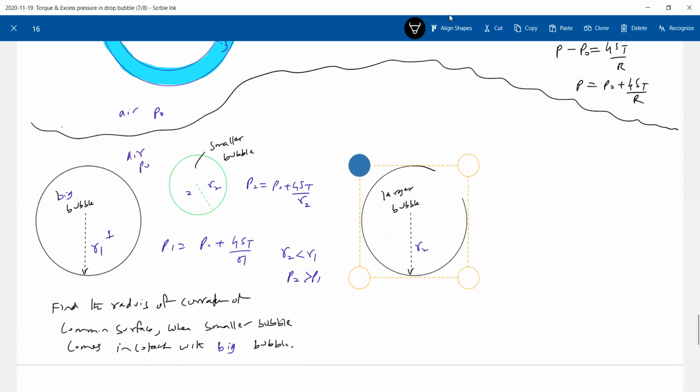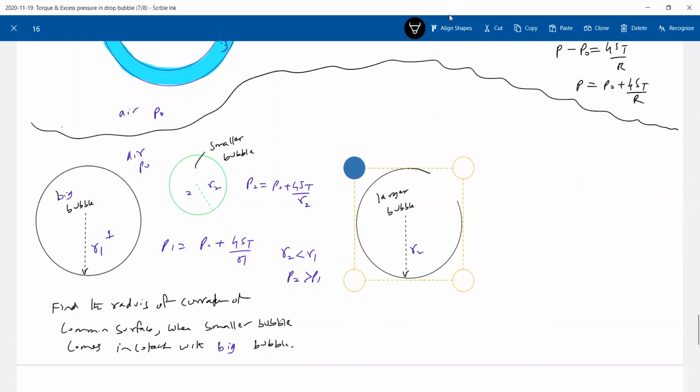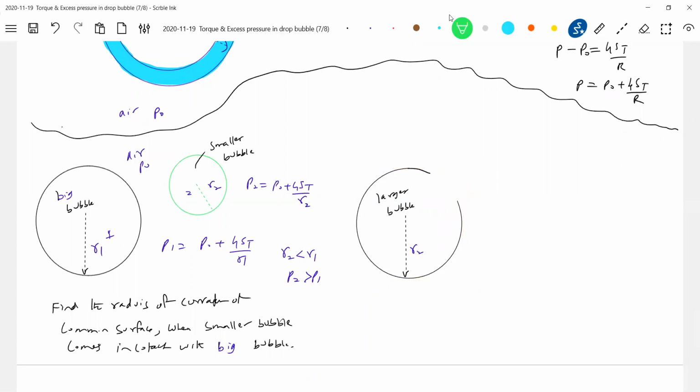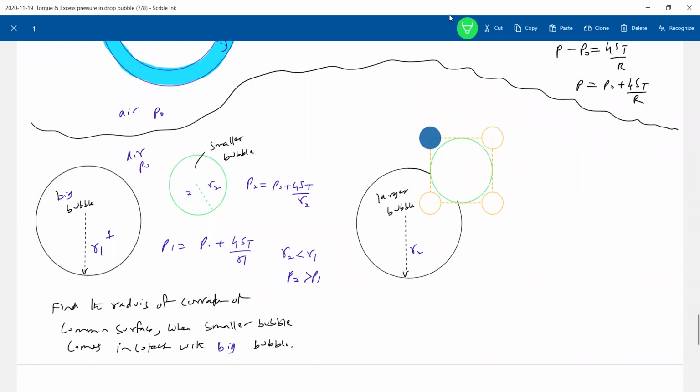They're not responding properly. Same size.